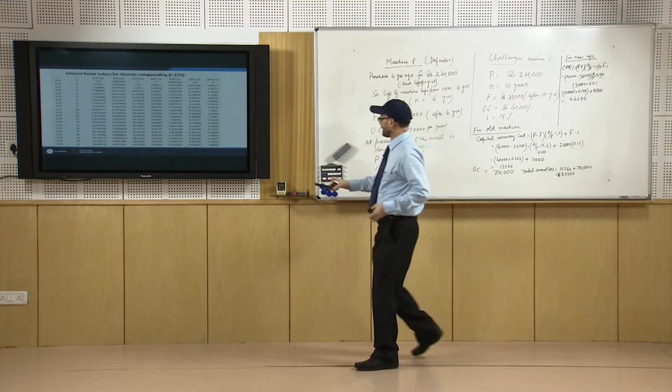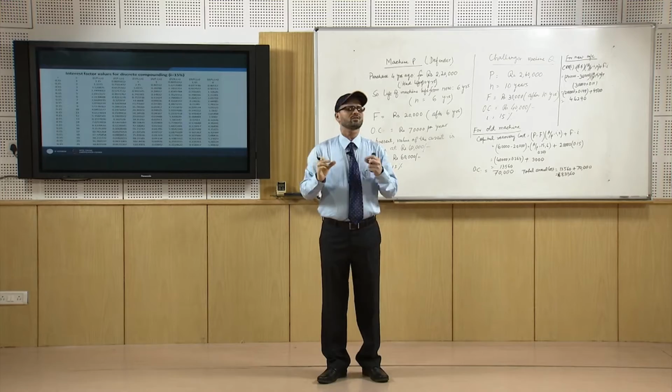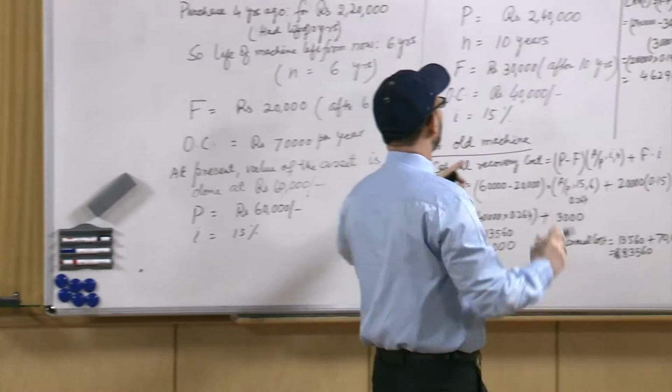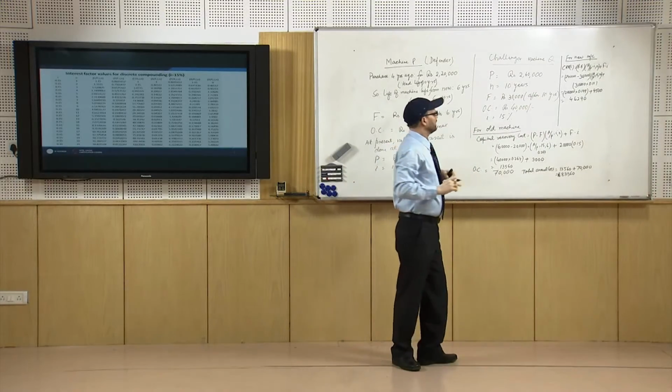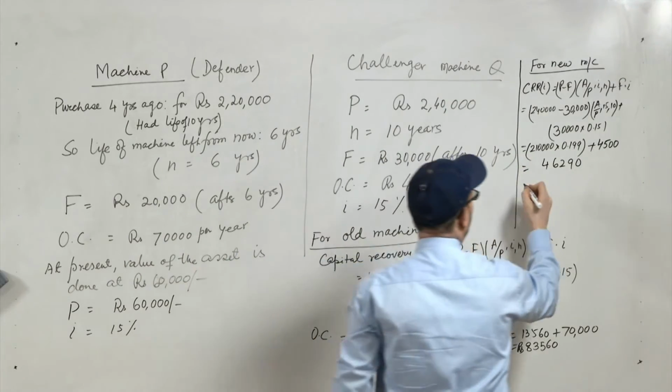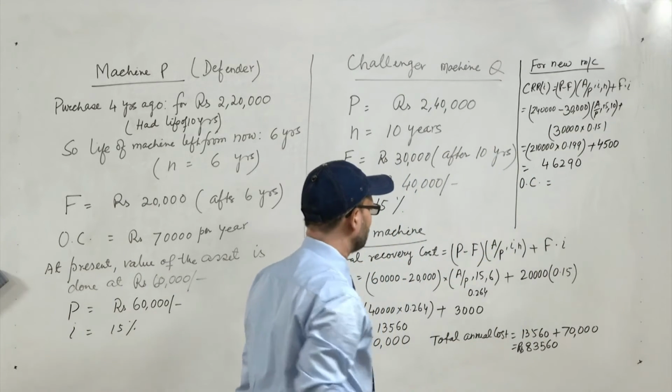This is the capital recovery with return cost, that is again an annual equivalent cost, but taking only the two capital costs P and F. The next cost is the operating cost, which is given as 40,000 rupees.